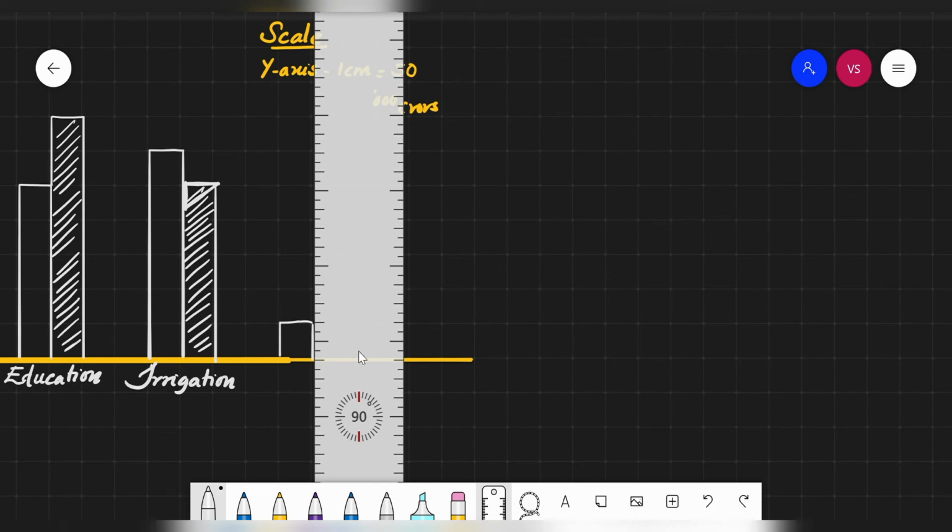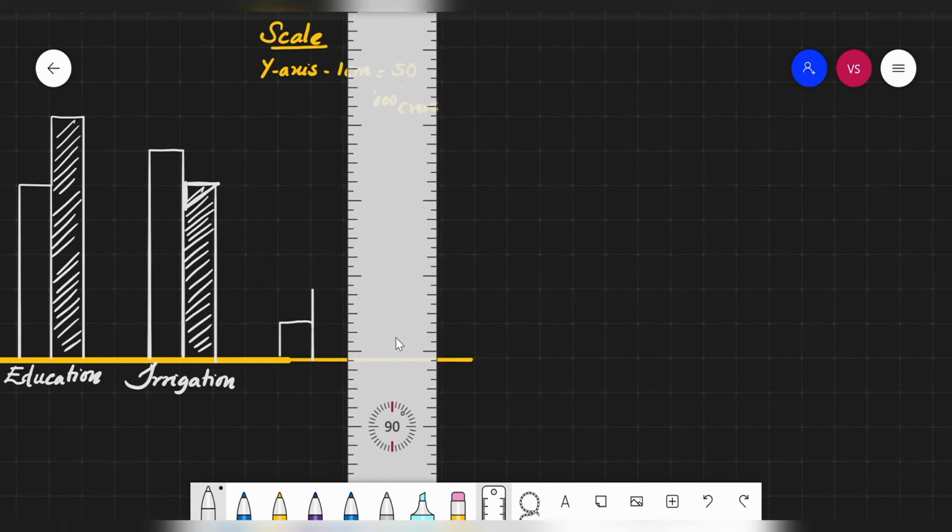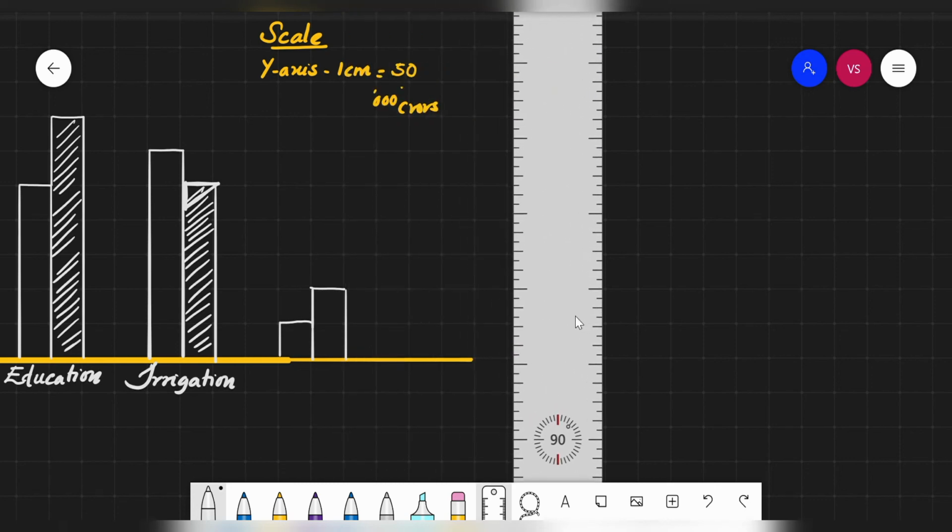Then the state government has released 100,000 crores for the industry. What industry? We don't know, but they have released it for the industry. So this is how it is. This is industry. I'll write here 100. Here I'll write 50.